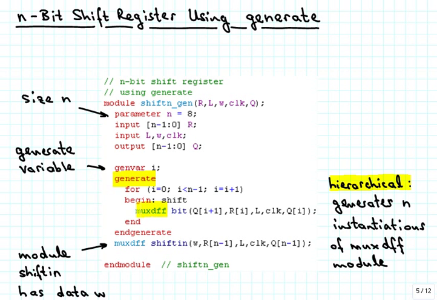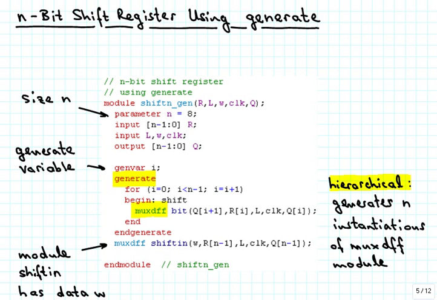That's the D flip-flop with a multiplexer at the input. And we instantiate this mux DFF as many times as is needed in order to make an n-bit shift register. And in fact, the number of times we do have to instantiate that is n times.